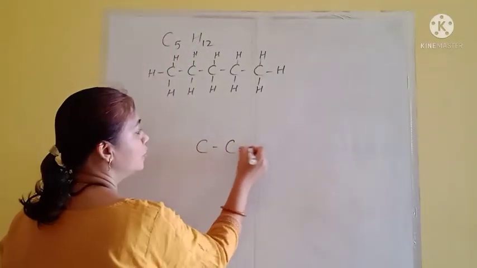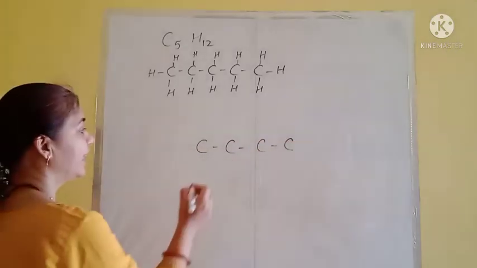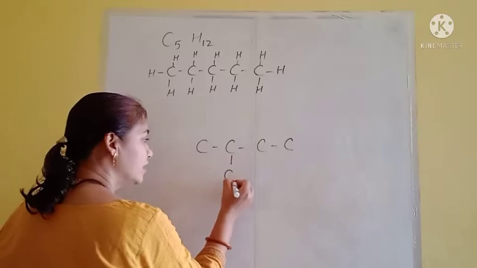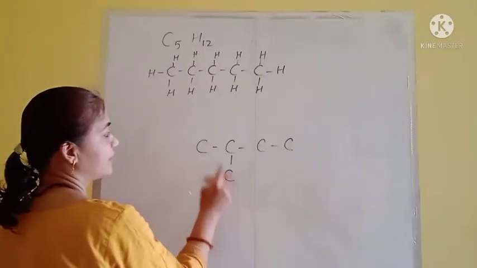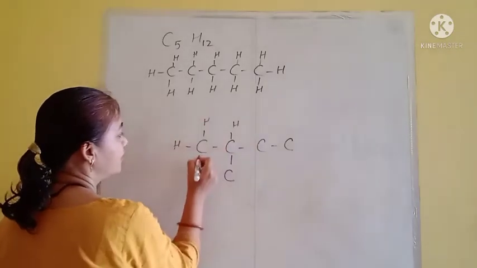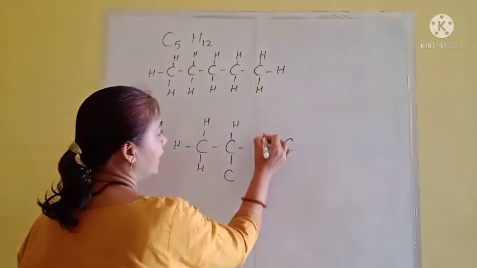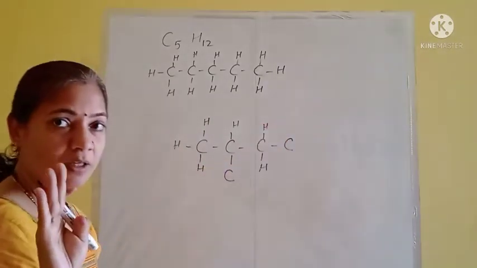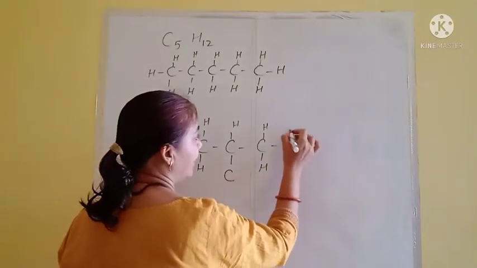It can also be drawn in this way. 1, 2, 3 and 4. 4 carbon atoms I have taken like this and one chain, branched one. I have taken 1 carbon like this. And all other valencies let us satisfy with hydrogen. There are 4 valencies for carbon. So 1, 2, 3, 4. Count the valencies and put hydrogen.